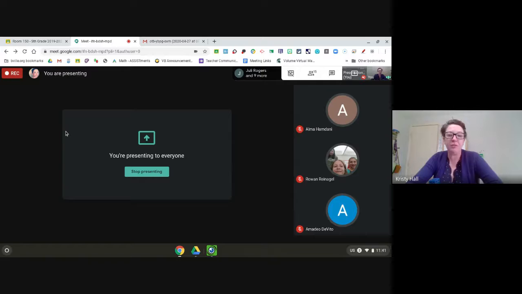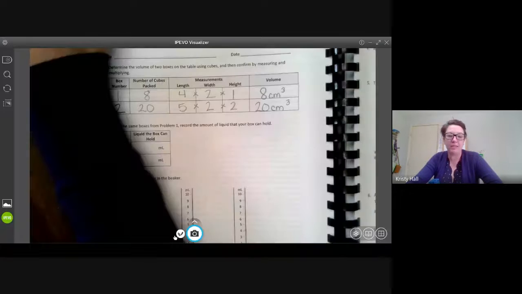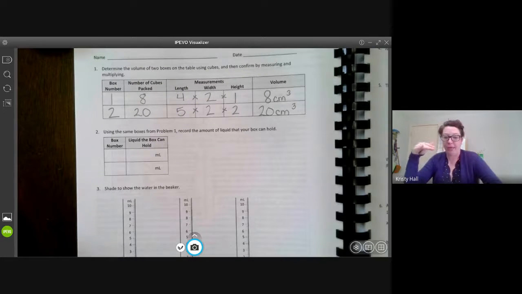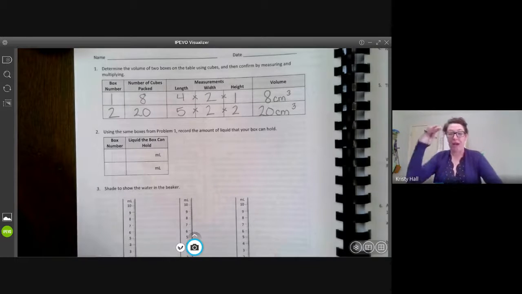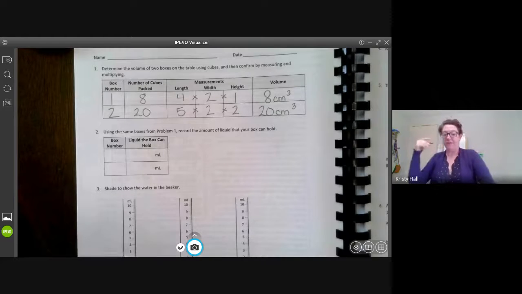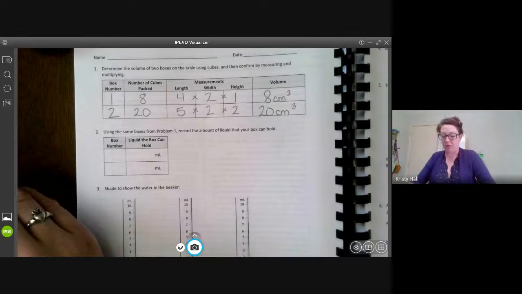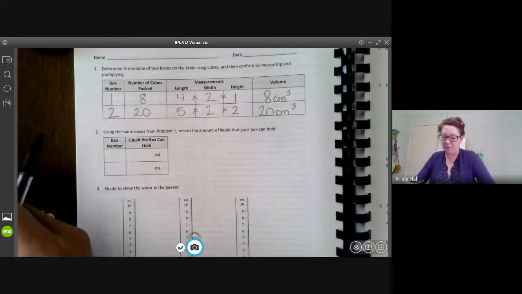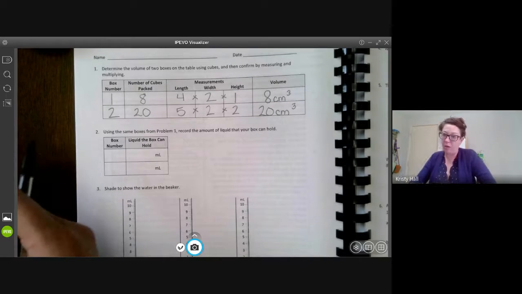We would look at how much water was in there before the blocks, and then put in the blocks and see how high the water has risen. You can always try this at home if you have centimeter cubes. Mine aren't centimeters, so it won't work.